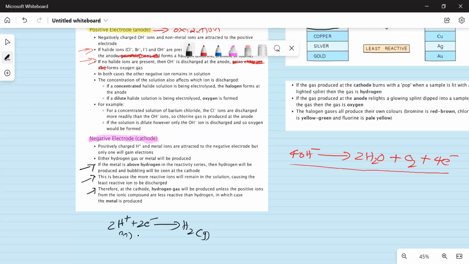So this is how H+ is reduced. This H+ comes when the metal ion is above hydrogen. So H+ won't be reduced when the metal ion is below hydrogen. Very simple, guys.